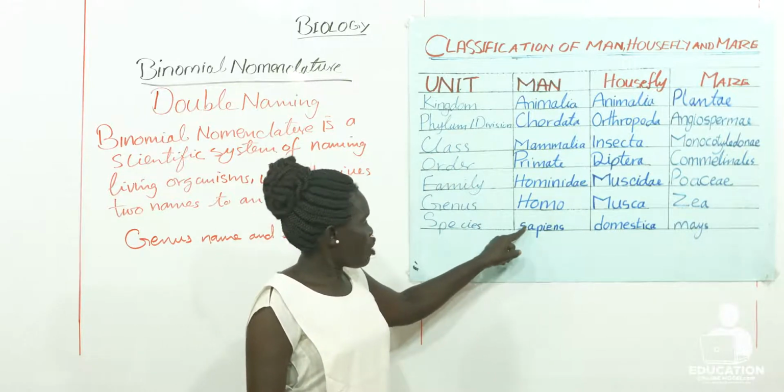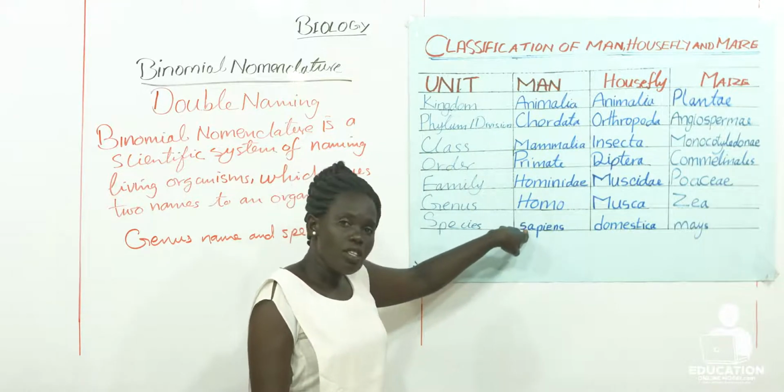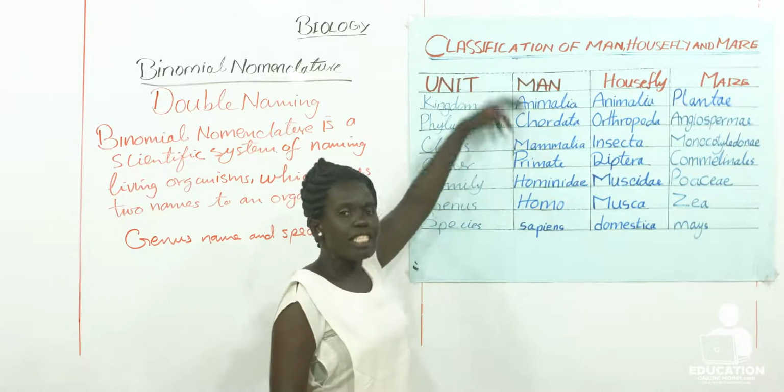In the classification, the name of a species should start with a small letter, but the rest of the units start with a capital letter.